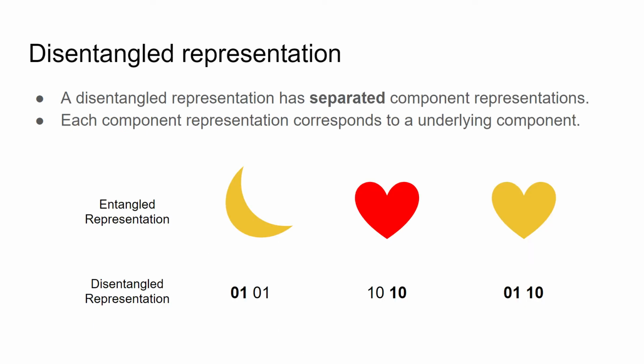A disentangled representation contains several separated component representations. Each component representation corresponds to an underlying component. When a representation is not disentangled, it is an entangled representation. In these examples, the components are color and shape. The upper row images are entangled representations, where color and shape are in the same image.